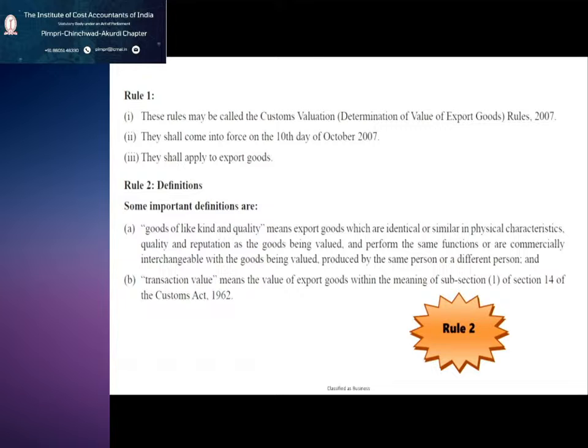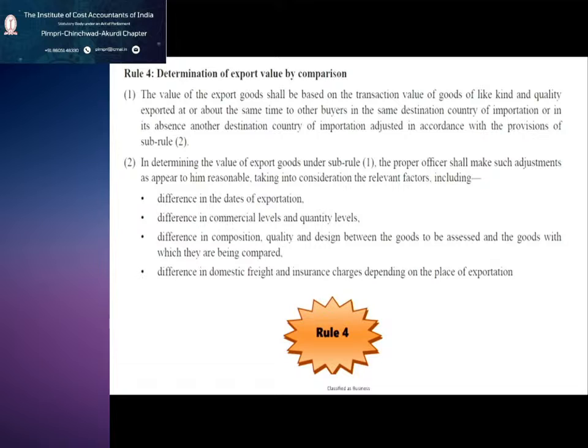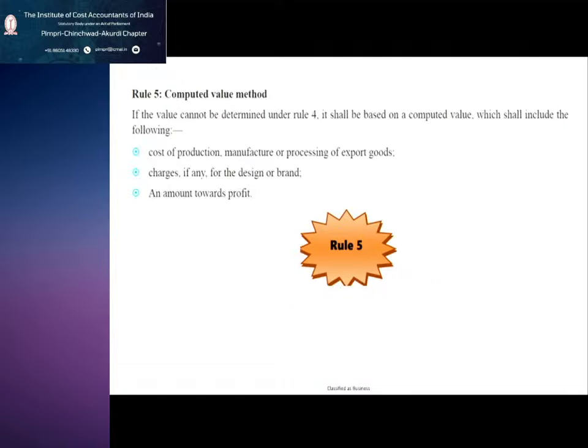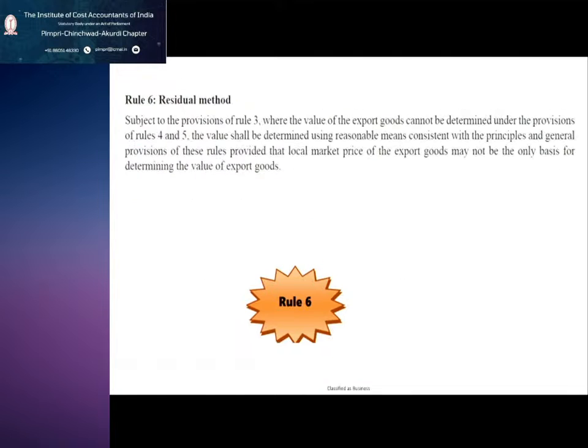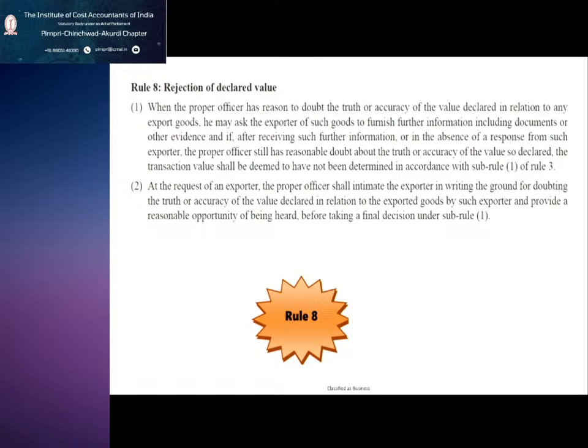There are some definitions, methods of valuation, export value by comparison, the computed value method, and we have seen the residual, the declaration by the exporter, and the rejection of declared value.